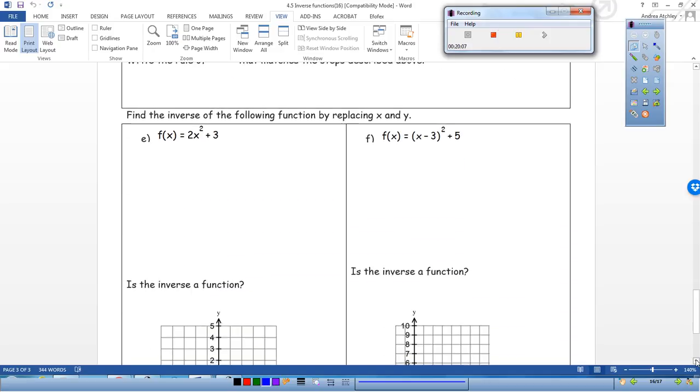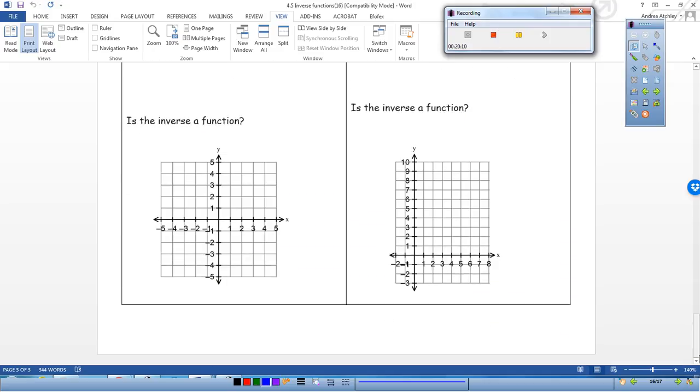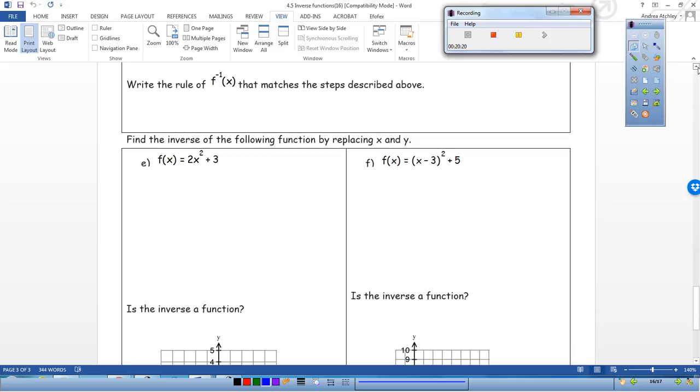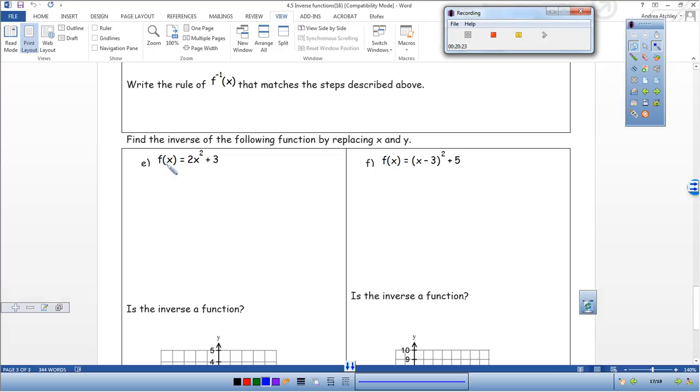Okay? So we talked about in that first example that the x and y just switch. You can do that for the equation as well. If you just take the equation, remember this equation is the same as if we wrote it like this: y equals 2x squared plus 3.